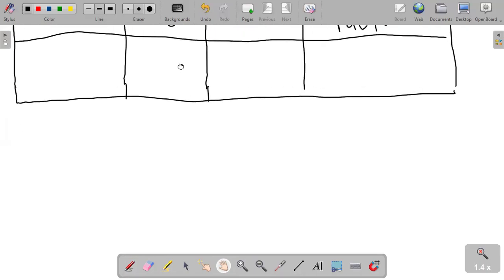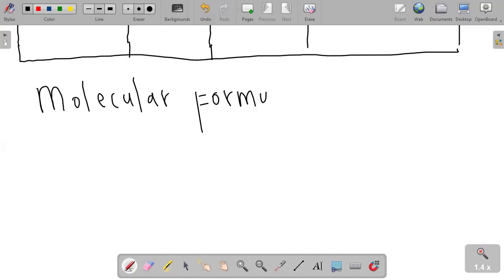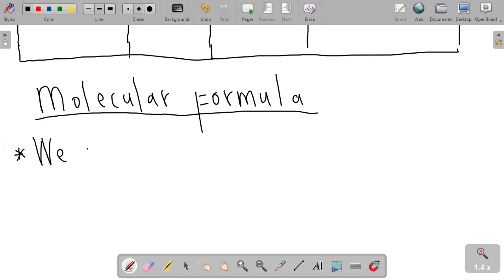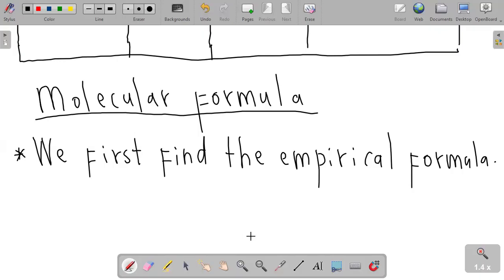When we go to the molecular formula, in order to find it, we must first find the empirical formula, using the table that I just showed you.